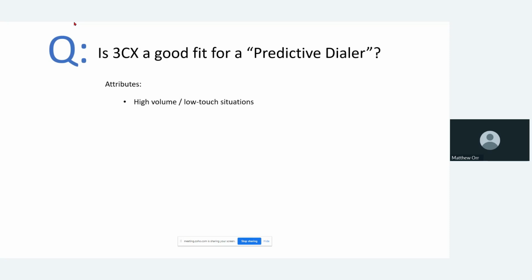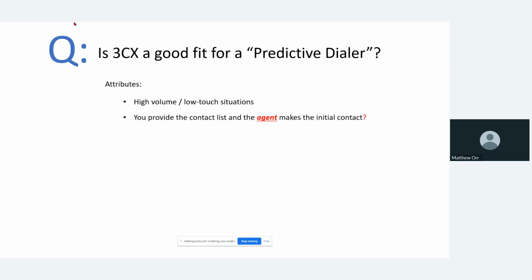So a predictive dialer is generally categorized as a very high volume, low touch dialer. And when I say low touch, we'll discuss some of the challenges that come along with predictive dialers as we dive deeper into what a predictive dialer is.